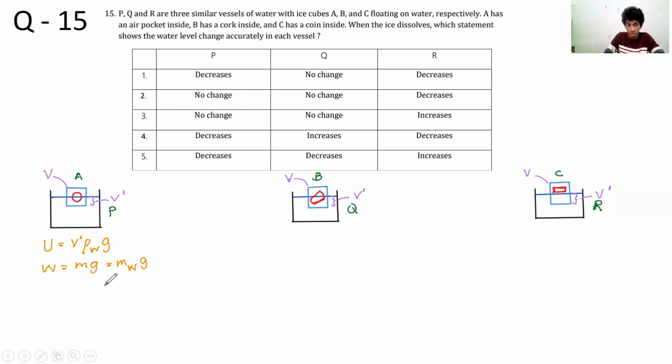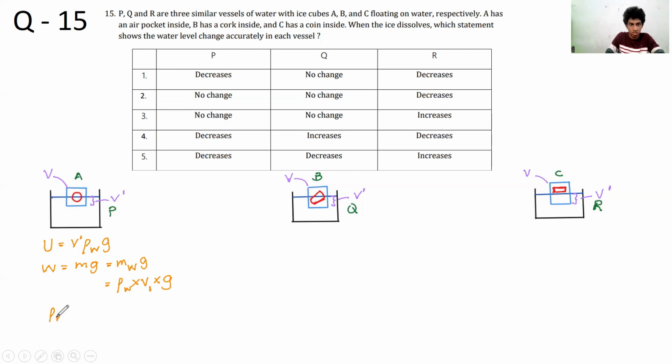Then mW can be written as density of water into the volume of dissolved water. Let's take that as V1 into G. Now, as the ice cube is floating, the weight is exactly equal to the upthrust.